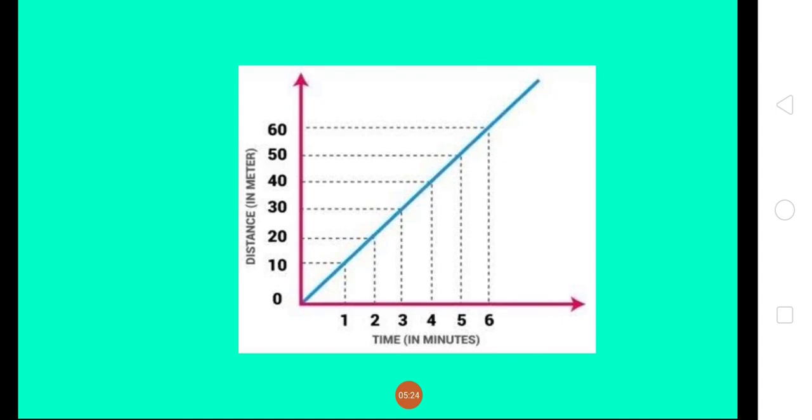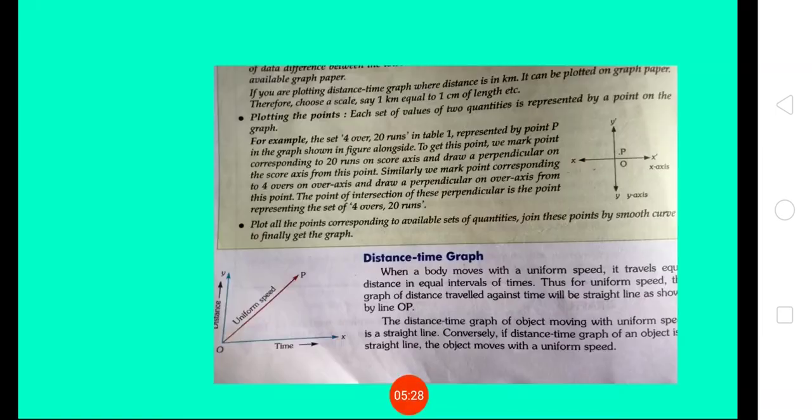When you join these, you get a straight line which shows uniform motion. So the distance-time graph of an object moving with uniform speed is a straight line. Whenever you see a distance-time graph that is a straight line, you have to infer that the object is in uniform speed.